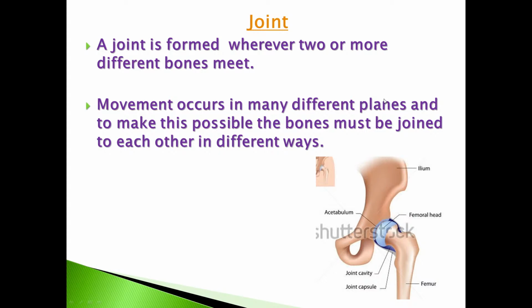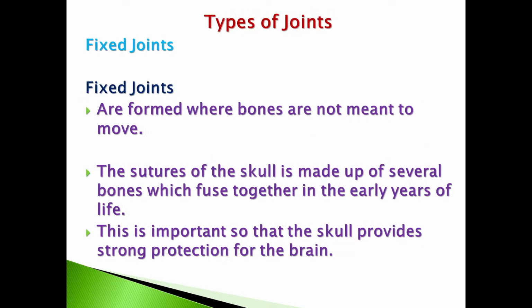Movement occurs in many different planes, and to make this possible, the bones must be joined to each other in different ways. The reason why we have different types of joints is because different joints need to move in different directions. So all joints don't necessarily move in the same direction.